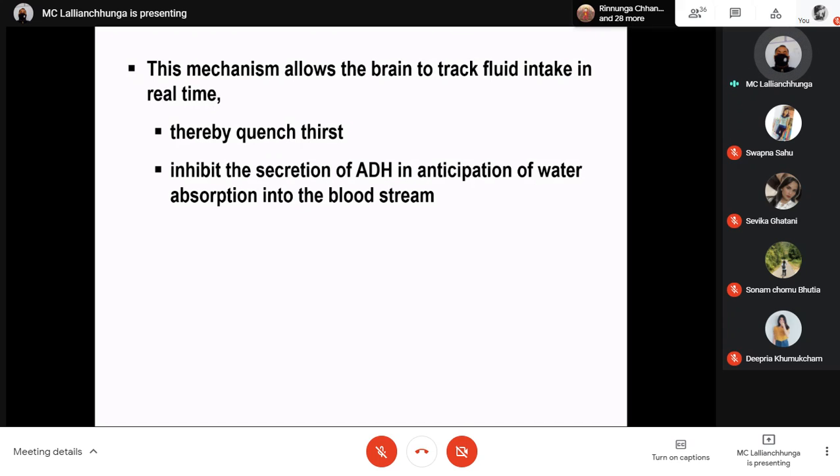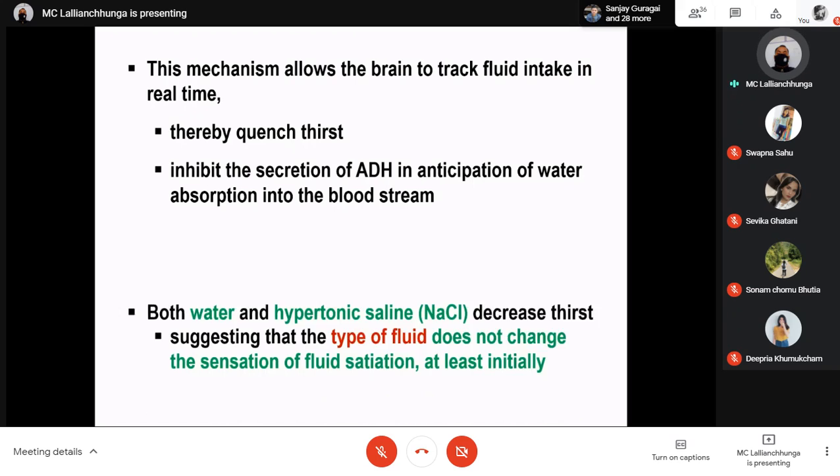That means even before it is absorbed into the bloodstream, ADH secretion can be suppressed in anticipation of water absorption. It can detect how much volume of water will be absorbed.